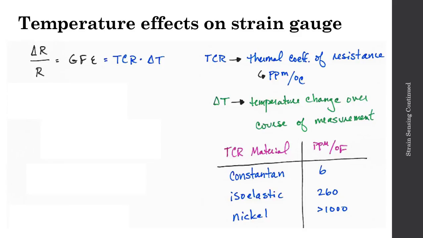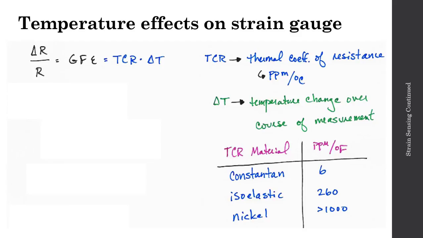Those are going to be on the order of 200 to 300 parts per million per degrees Fahrenheit. And compare that to something like nickel, that typically has greater than 1,000 parts per million per degrees Fahrenheit. So you see then one of the main reasons Constantan is so popular is it has this relatively low thermal coefficient of resistance.